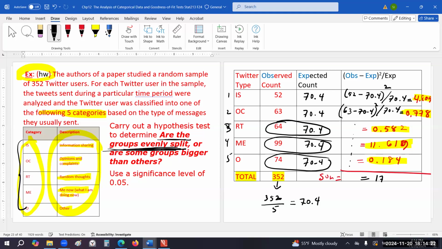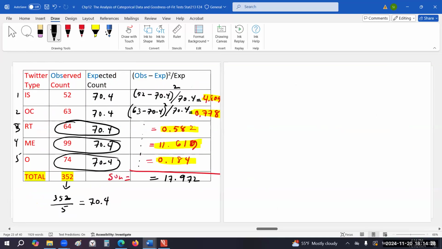Okay, 17.972. So we are done with the statistic. The chi-square statistic is 17.972. Now we need to find the chi-square critical value.